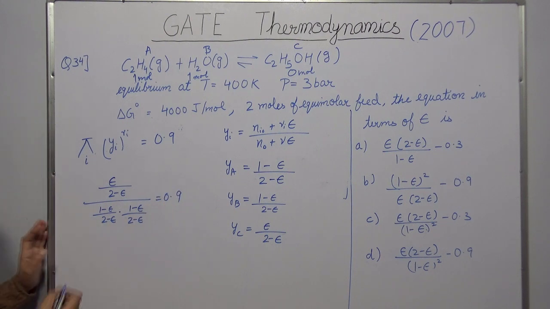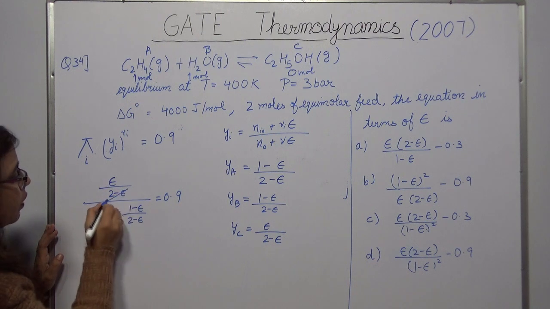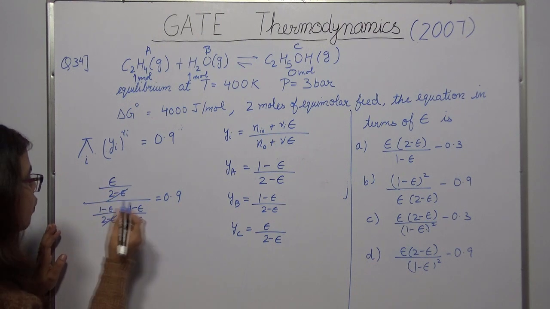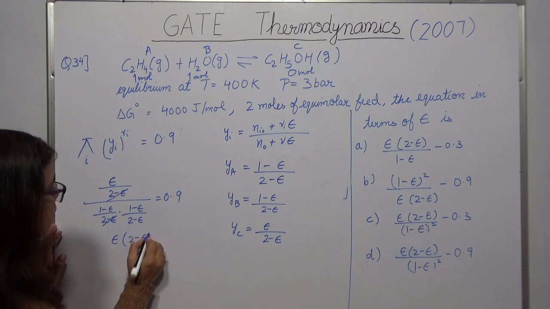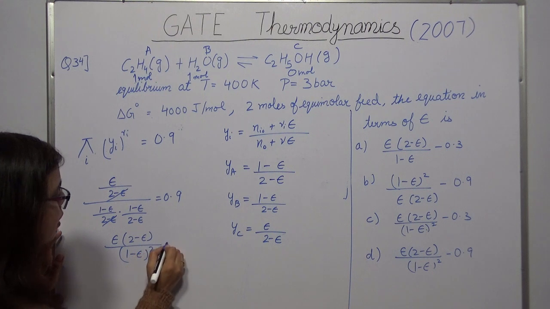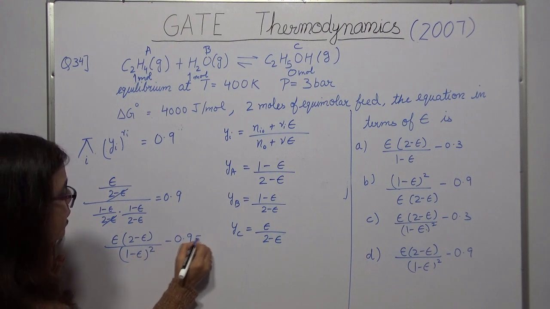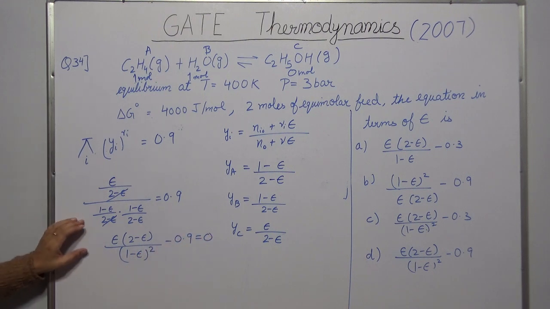Simplify this equation. One of this will cancel, and what you are left with is epsilon multiplied with 2 minus epsilon upon 1 minus epsilon square minus 0.9, that is equal to 0. So this is your equation at equilibrium. Now see which one of the options it matches with our answer.